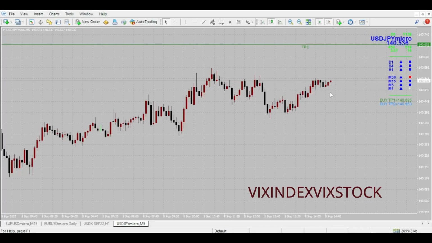So you want this to ideally happen when you are still around here, so that you buy at the bottom and you sell high. That's usually the gist of trading. But if you want to catch a breakout trade, that's up to you. But I would say wait for a breakout first before you trust what's happening here.